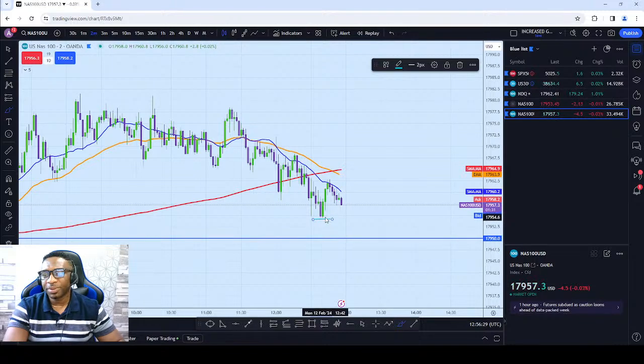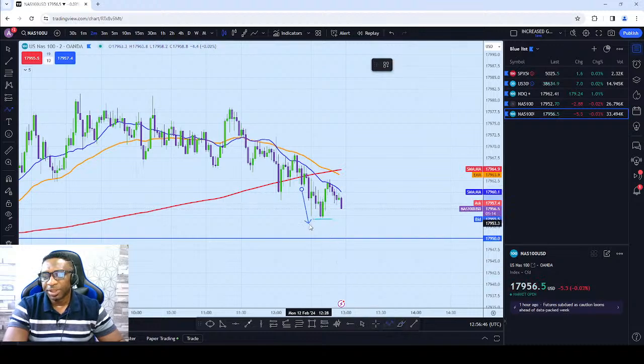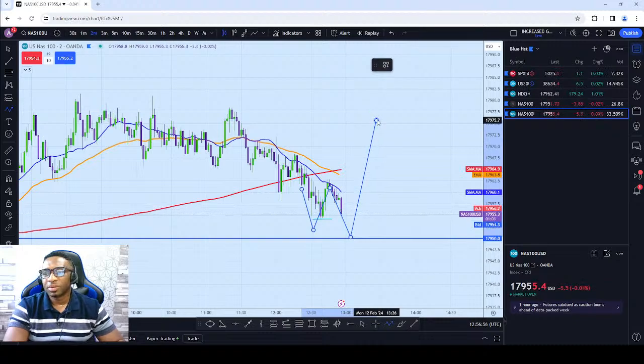But what could happen is price could come back or even push below, because the next key level here is 17,950. So there's a possibility that price could push below to this key level area before pushing up. That is the trajectory that we are looking out for.